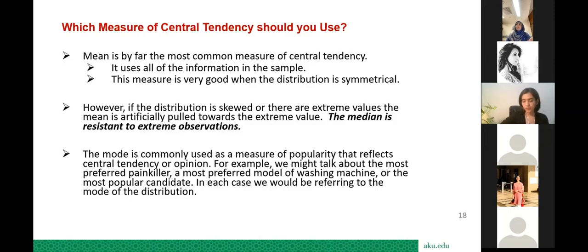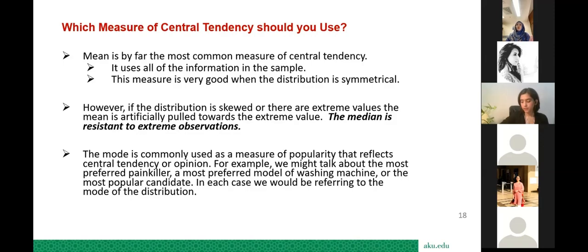But when your data is not normally distributed, if you use the mean, it will be either inflated or underestimated, because of the extreme values the mean is pulled. In that case, the best measure of central tendency is the median, because the median is resistant to extreme observations.